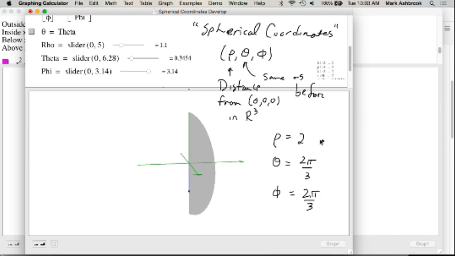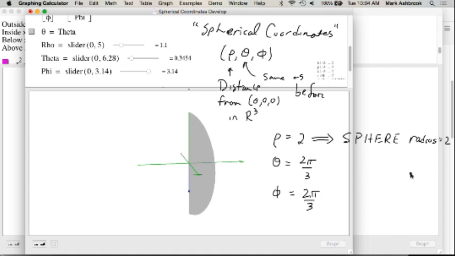Okay, what about rho equals 2? Spherical shell of radius 2. That's saying all points that are distance 2 from 0, 0, 0 would be a what? Sphere, right? And the radius is 2. So then this gives us our first relationship between rho and x, y, and z.